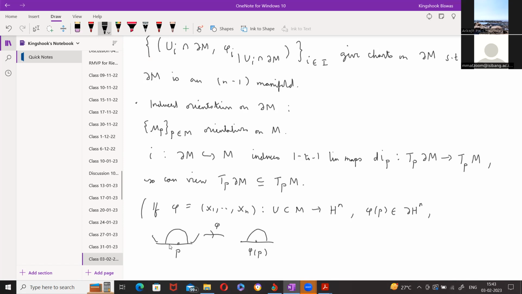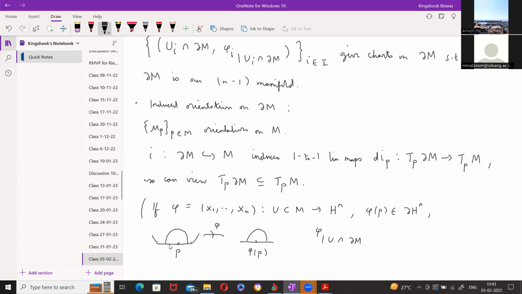So phi restricted to U intersect boundary M takes values in the boundary of the upper half space.